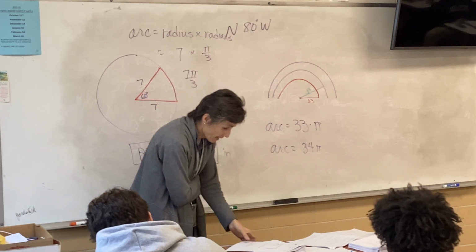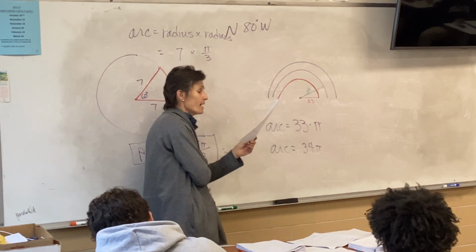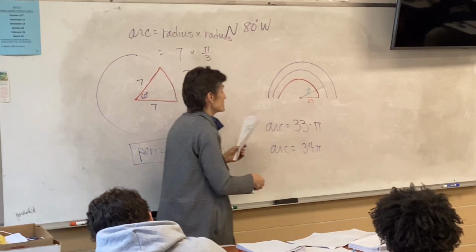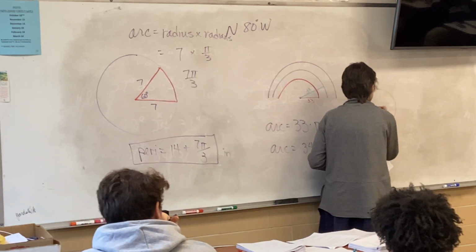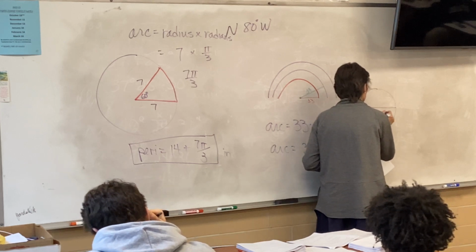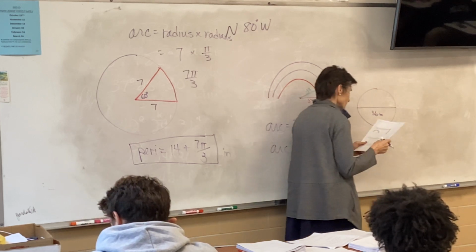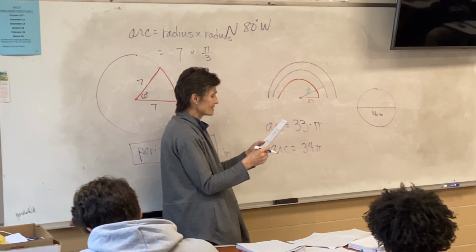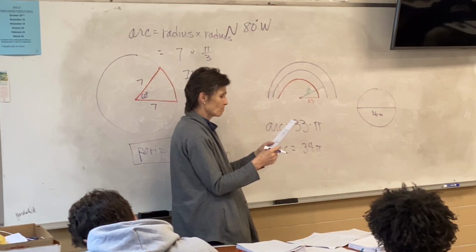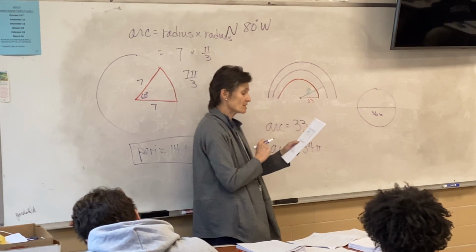Okay. Albert's truck has wheels 36 inches in diameter. If the wheels are rotating at 630 revolutions per minute, oh my gosh, we've done this before.